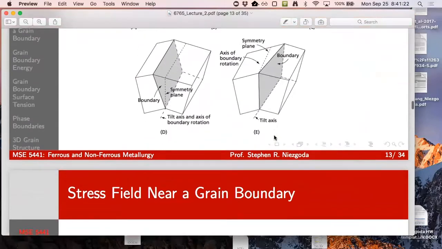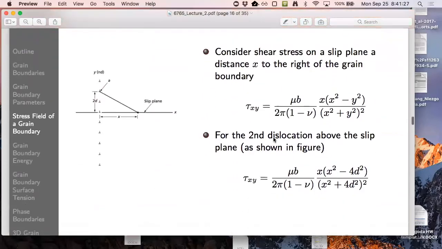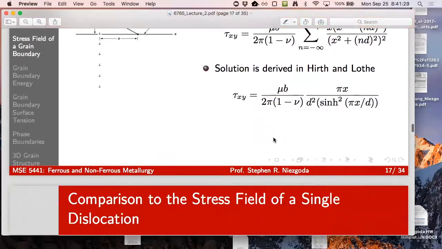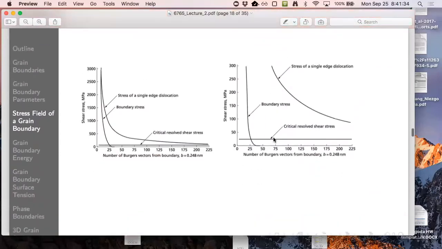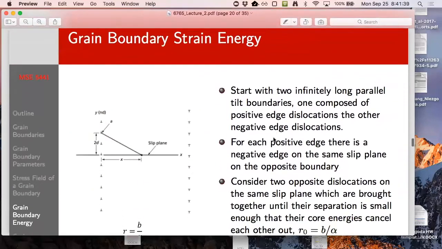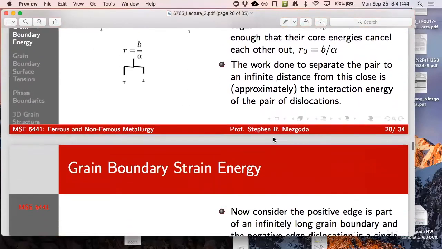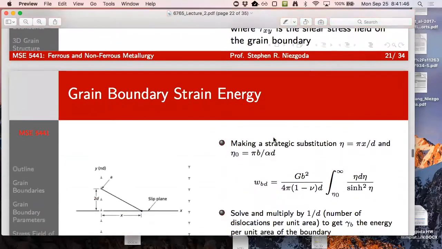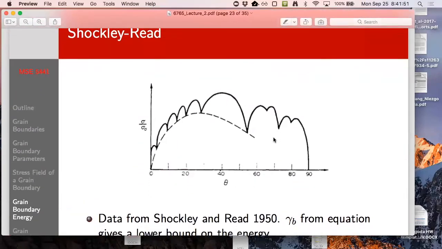So grain boundaries, how do we describe them? Energy, strain field of a grain boundary energy, and most importantly, grain boundary surface tension. In terms of grain boundary energy, it's not nice and smooth.